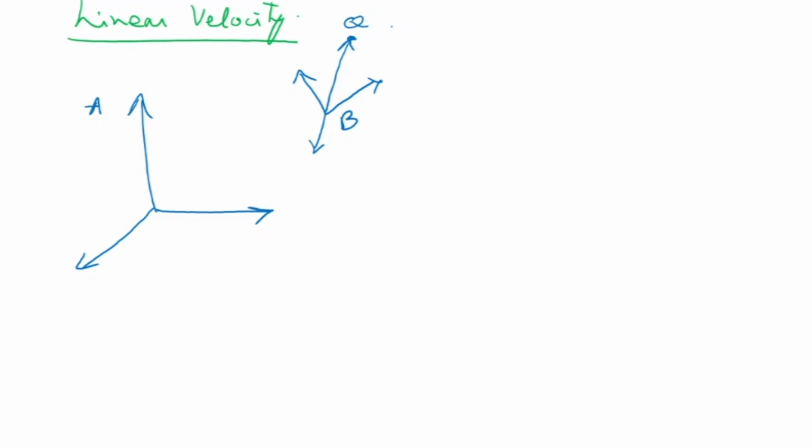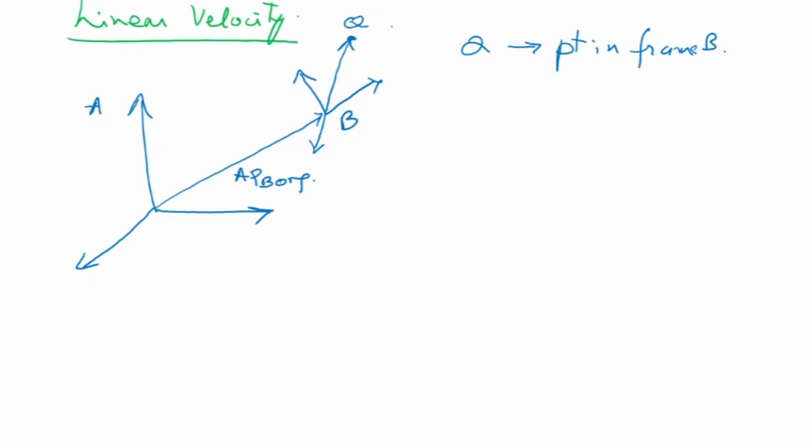Now in frame B, we have to assume that Q is a point in frame B. And what is the distance between the origins? This we know. This is my origin distance, APB ORG. Okay. So the distance between the origins of A and B is given by APB ORG. This we have seen before.